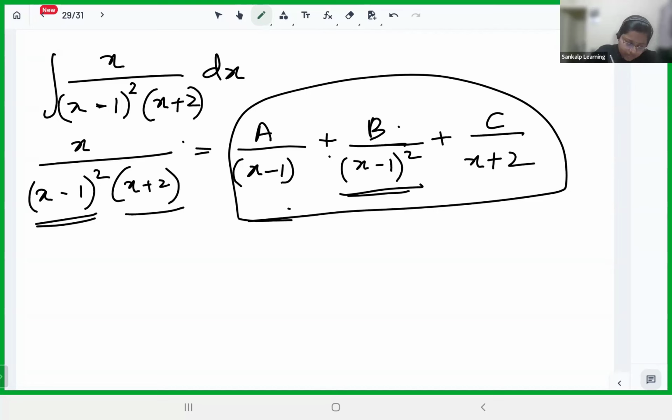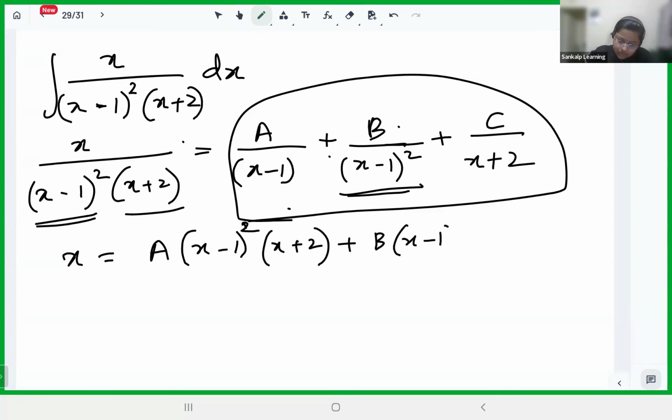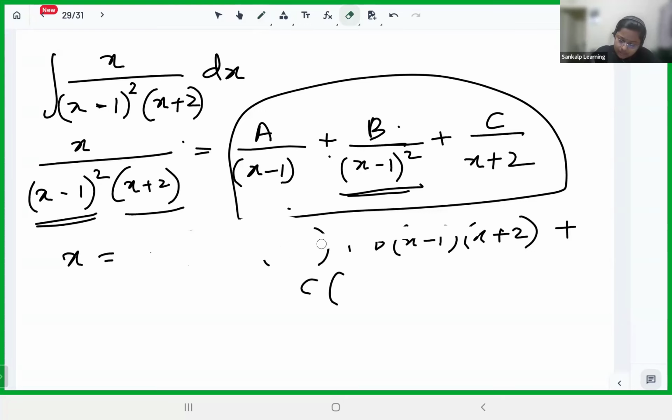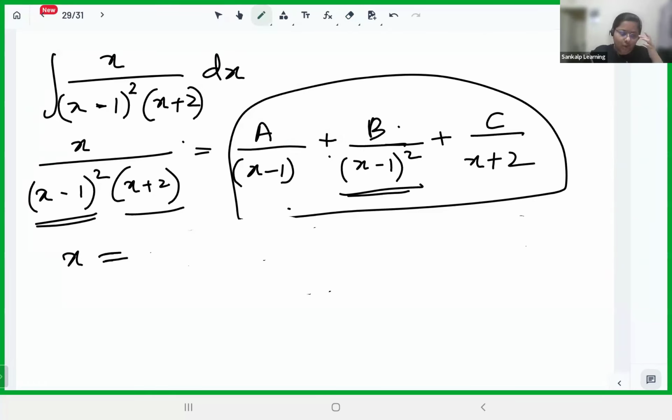For that, first we have to make this as a into (x minus 1) the whole square into (x plus 2) plus b into (x minus 1) into (x plus 2) plus c into... The thing is that when you split it like this, you just consider which is not present here. a by (x minus 1) is present there, right? (x minus 1) is a factor, so you have to remove that one.